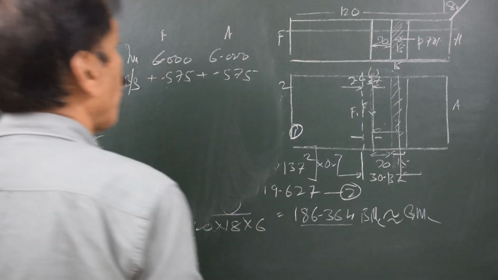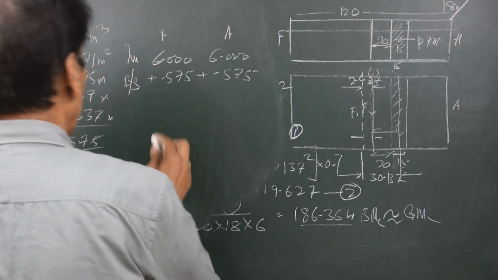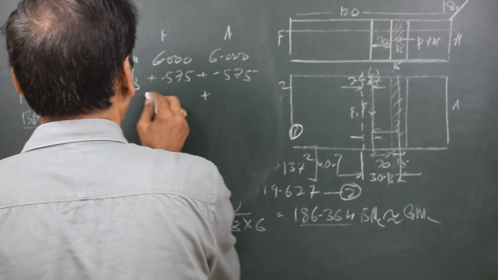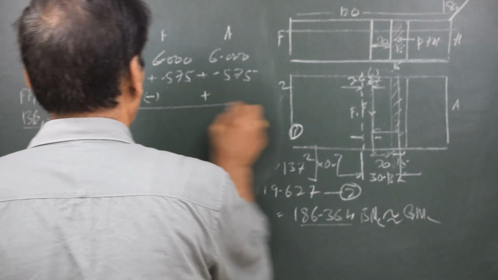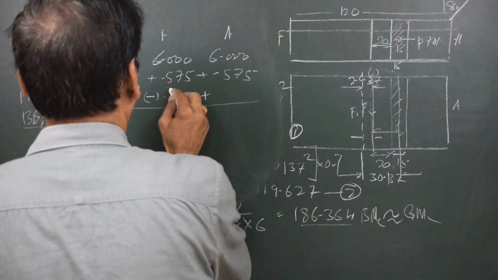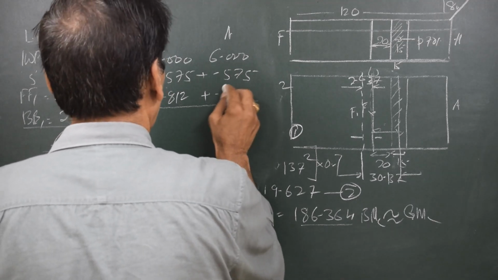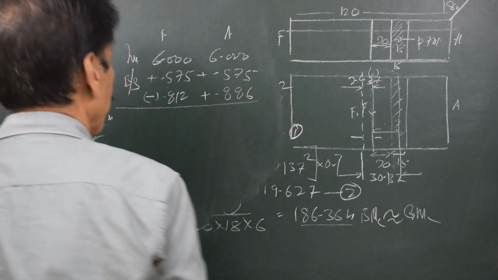Now, damage is forward or damage is aft. In this particular case, damage is aft. So TRA is going to increase, and if TRA is plus, TRF has to be negative. What is TRF? TRF is 0.812. And what is TRA? 0.886.